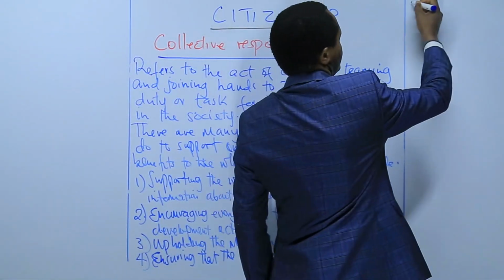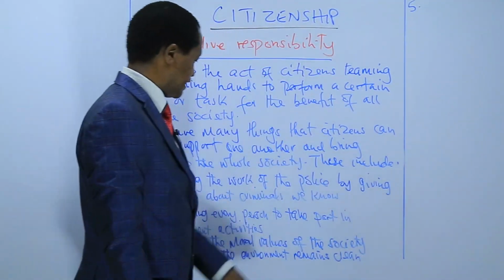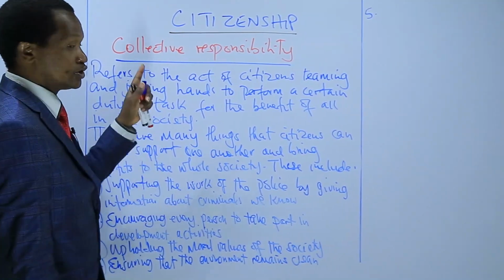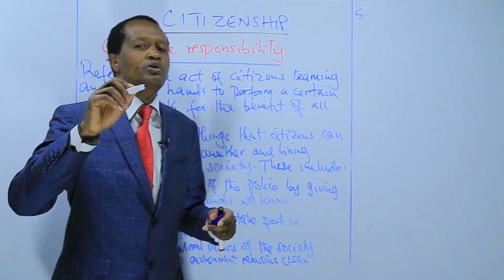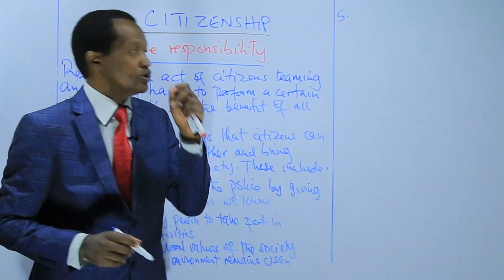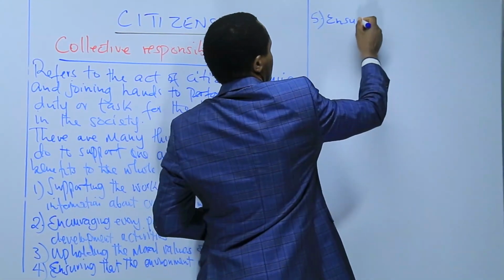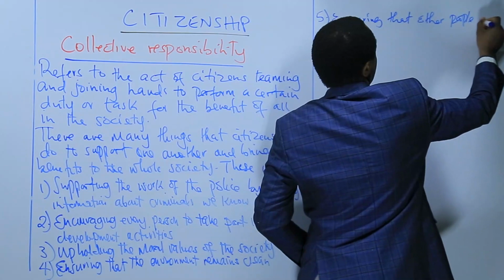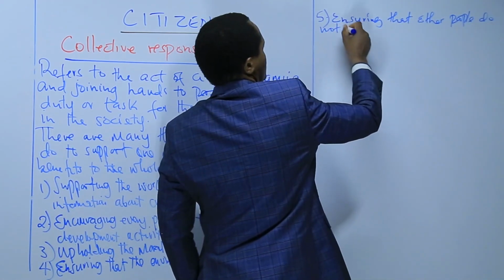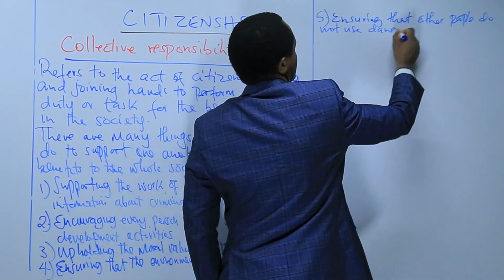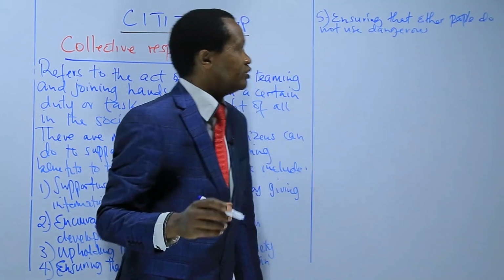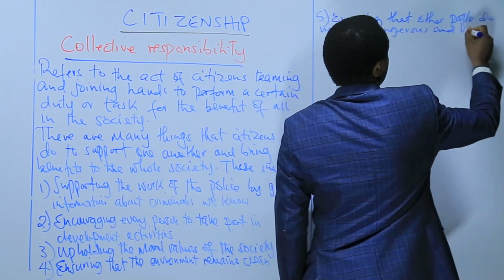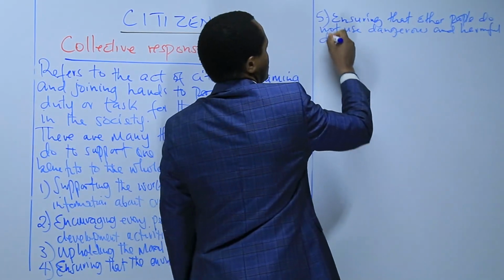Number 5, the fifth thing that we can do to support one another and bring benefits to the whole society is ensuring that other people do not use dangerous and harmful drugs.